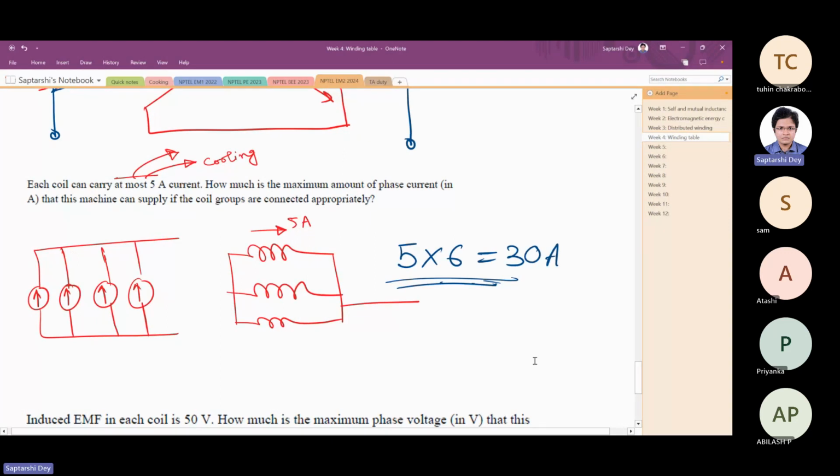Is it understood? So we put them in parallel so as to have maximum current.